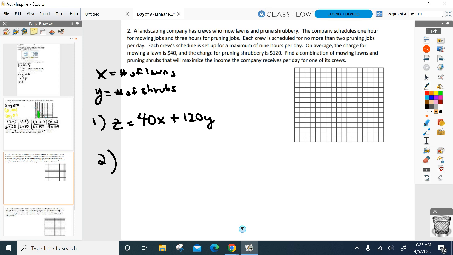So 1x, right? 1 hour for a lawn, plus, well, not y. Doesn't take me 1 hour to do a shrub. 3y, right? 3 hours times how many I'm going to do. But this here can only be 9 hours. Max of 9 hours, so the symbol is less than or equal to 9 hours. Yep.